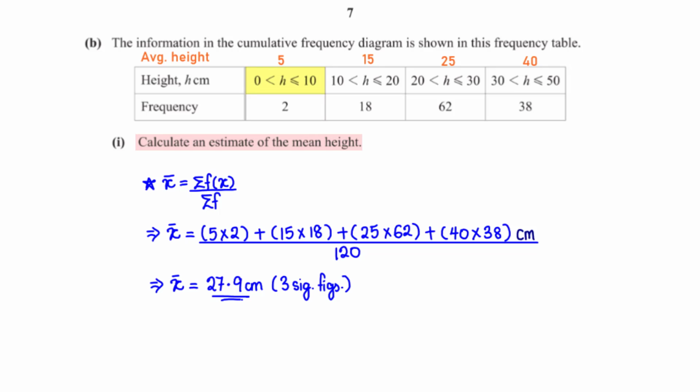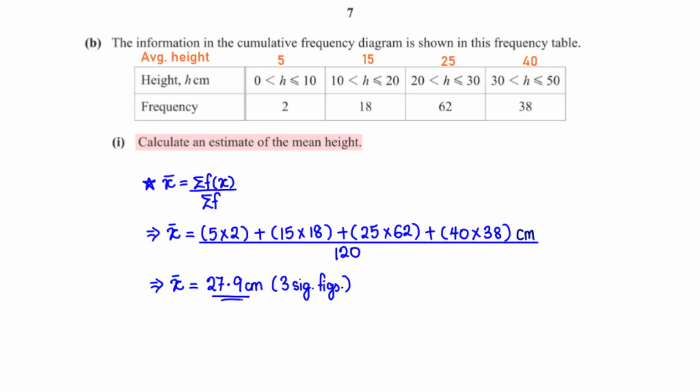For the first interval, the average height is 0 plus 10 divided by 2, which is 5. Then we have 10 plus 20 divided by 2, which is 15. 20 plus 30 divided by 2, which is 25. Then finally, we have 30 plus 50 divided by 2, which is 40.